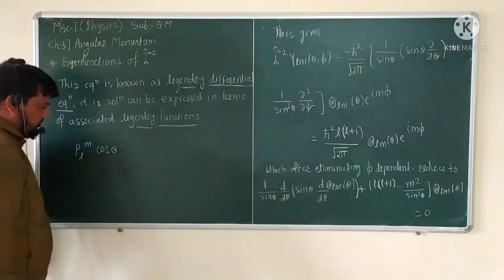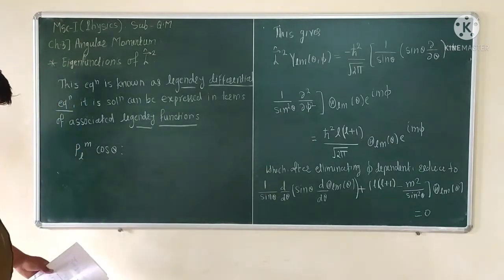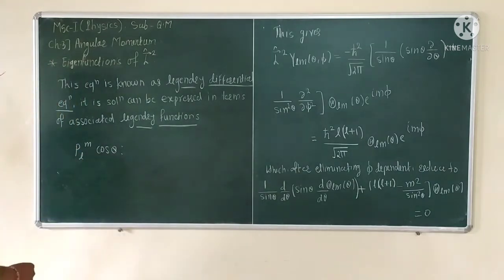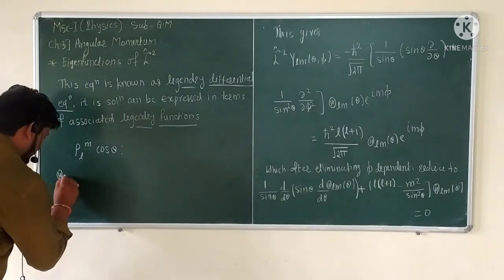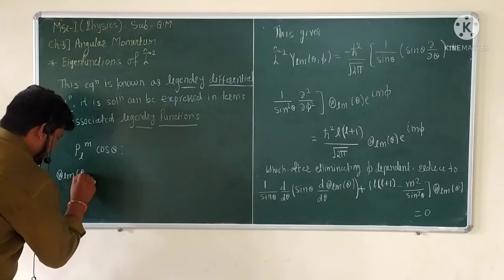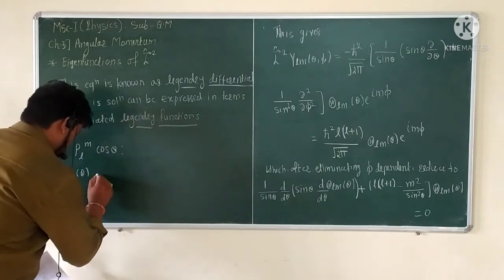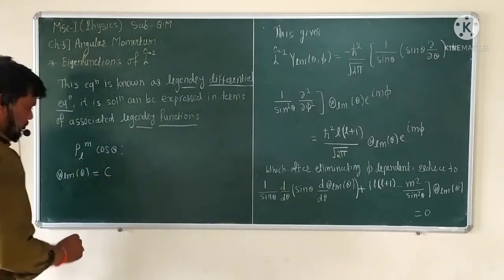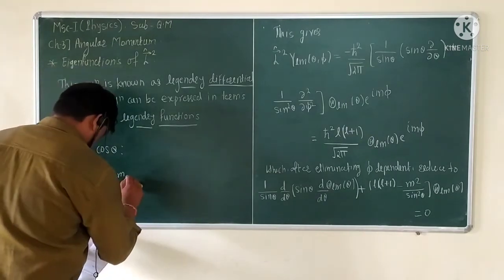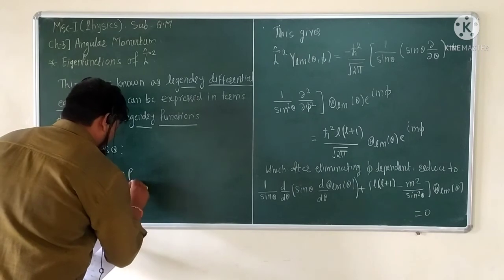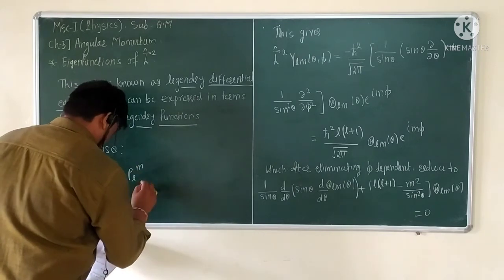If we define this function, the capital Theta_lm of theta is equal to some arbitrary constant C_lm times P_l^m of cos theta.